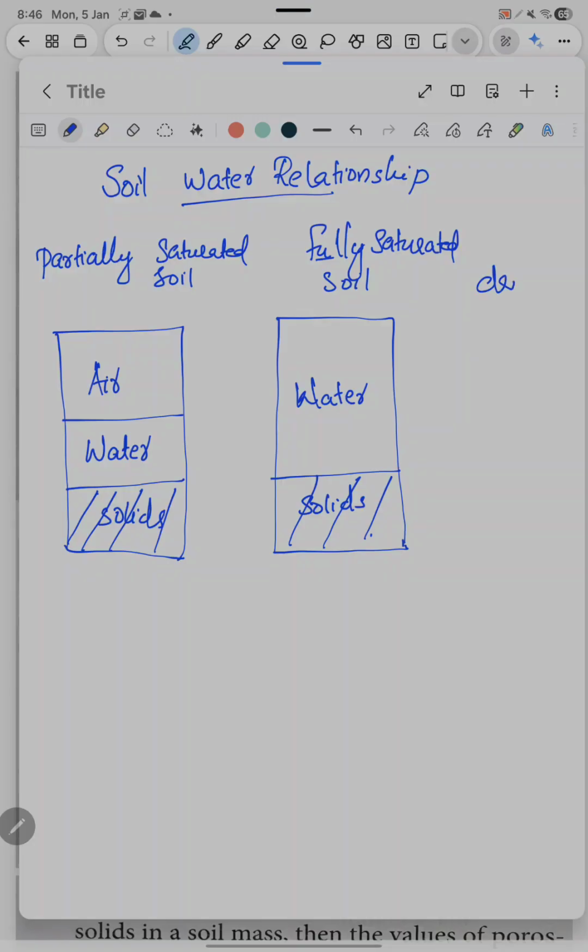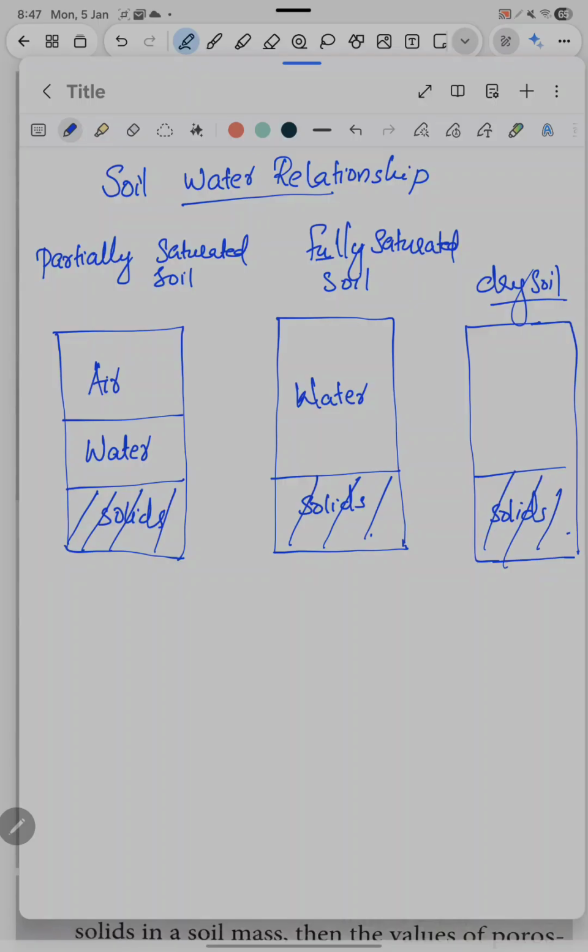If we consider a dry soil, in place of water what comes? Air. Here it is soil solids, and the remaining portion is air. And we can say that in partially saturated soil there are three terms: soil solids, water and air.